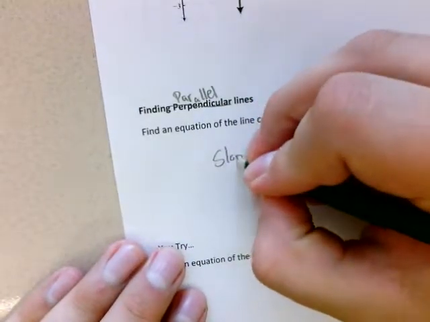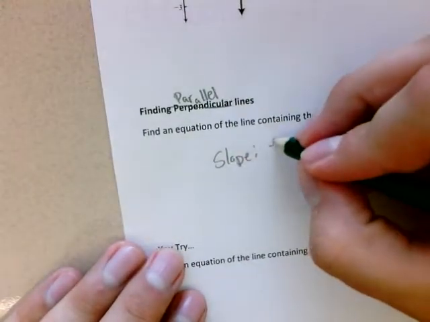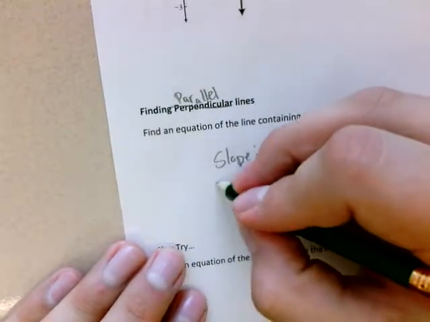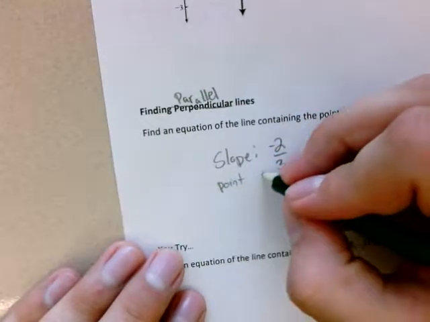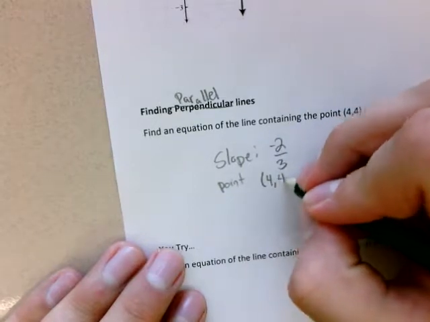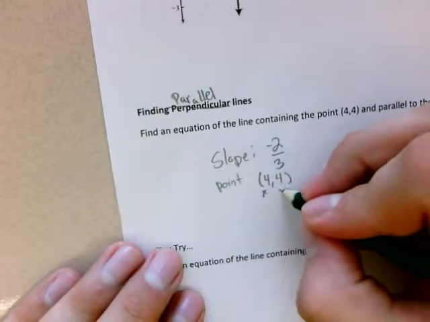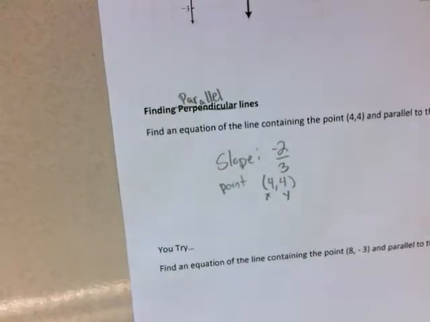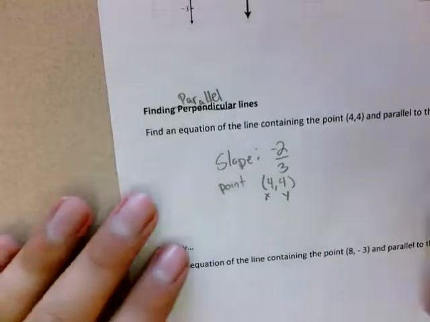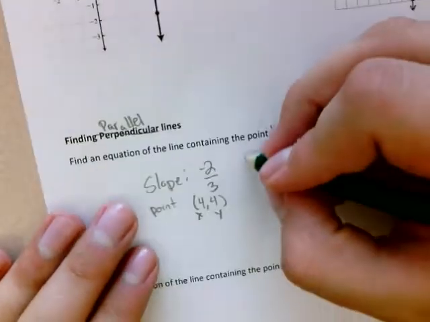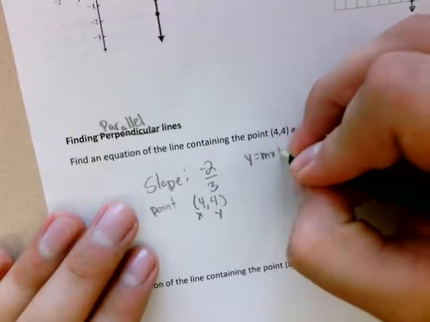Okay, so let's go back. We know slope is negative 2/3. We know the point, they give it to us in the problem, is 4, 4. This is our x. This is our y. We're going to do the same exact thing that we've been doing before. You're just going to plug all this into the y equals mx plus b format.